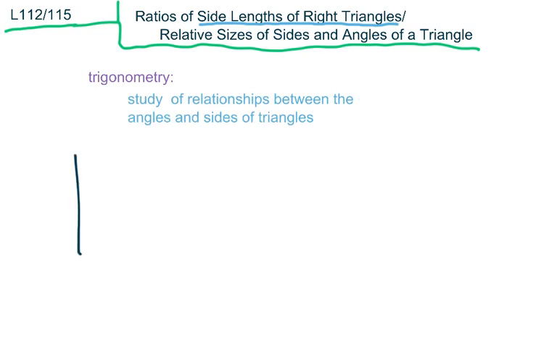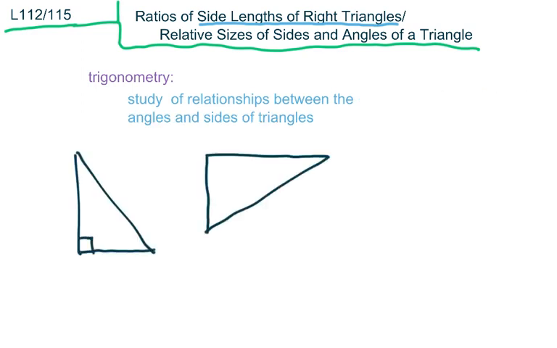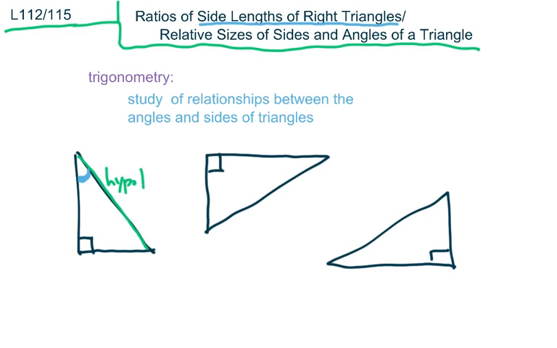I'm going to draw 3 right triangles that I want you to draw as well, and we're going to talk about these relationships. Now, if I focus on this angle, then I can identify certain sides. That side is clearly the hypotenuse, and the hypotenuse of a triangle will never change. However, these other 2 sides, depending on which angle I'm focused on, will change.